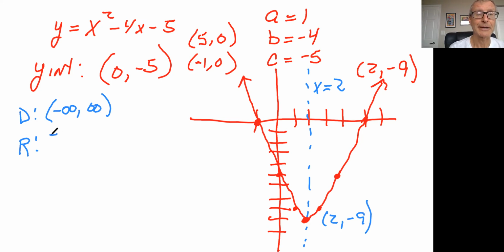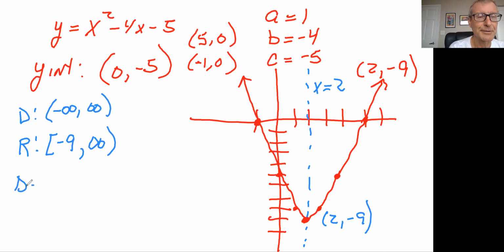So we would put a bracket here because -9 is included. And then where does it go? Well, going up, it would be positive infinity. So when a is positive, it opens up, and so it'll always go to positive infinity. If a is negative, then it'll always go to negative infinity. So the minimum will always be negative infinity in that case.